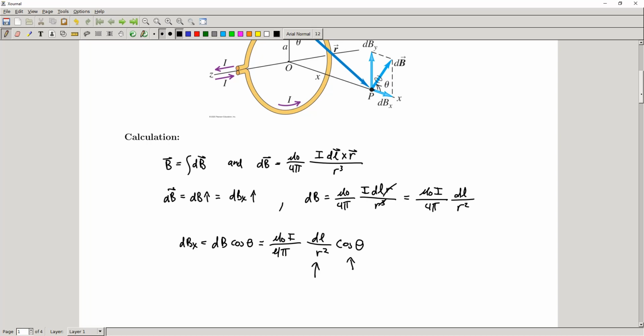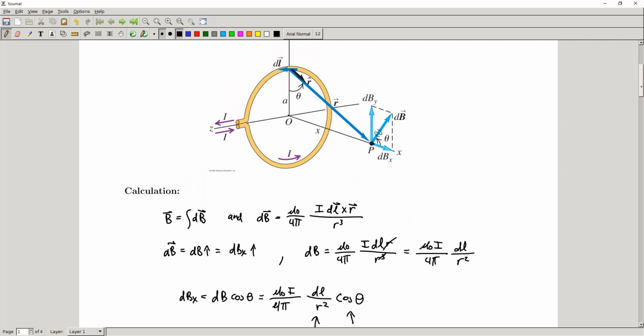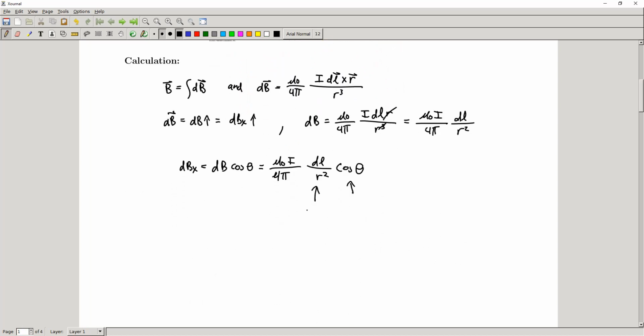Well, r in terms of a and x is pretty simple, because we're just going to end up with a squared plus x squared square rooted. Pythagoras: this is the hypotenuse of this triangle here. And so r equals square root a squared plus x squared, which means that r squared is simply a squared plus x squared. So we can substitute that in for our r squared.